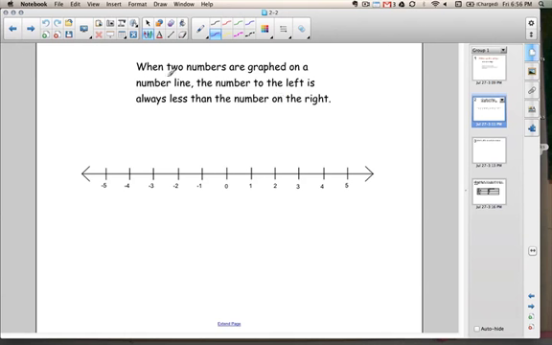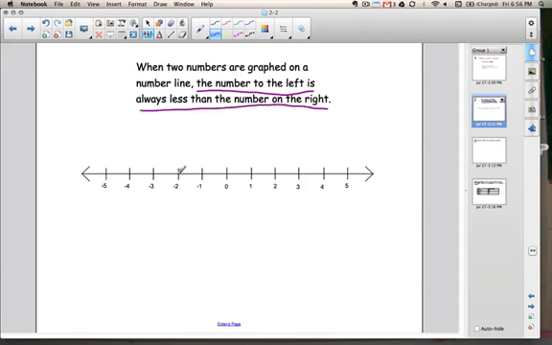So, when you have two numbers and they're graphed on a number line like we have down here, the number that's farthest to the left is always going to be less than the number on the right. So the important thing here is the number to the left is always less than the number on the right.